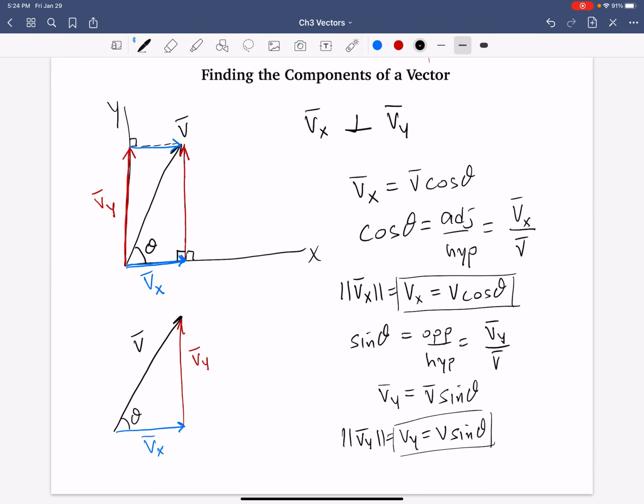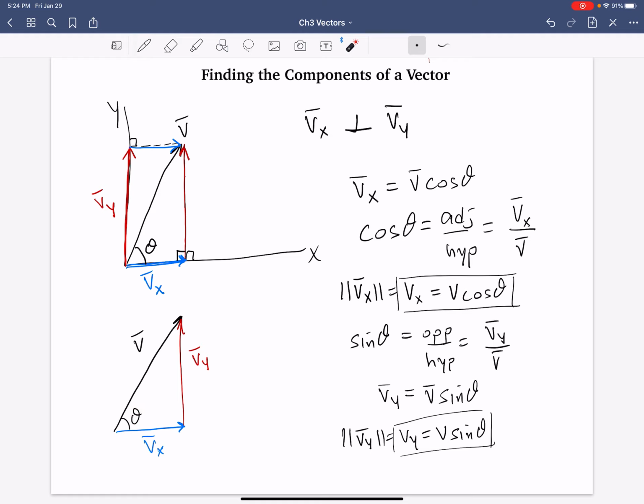So when doing problems in this course and really after this course, don't always assume that cosine means the x component. It all depends on where the angle is defined.